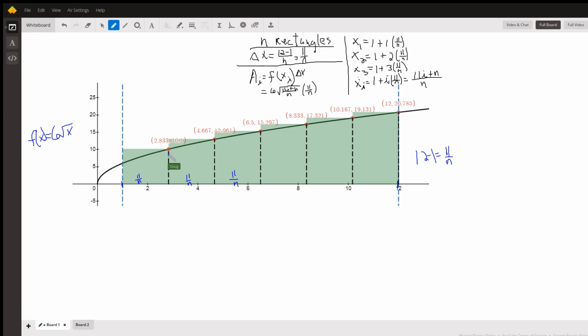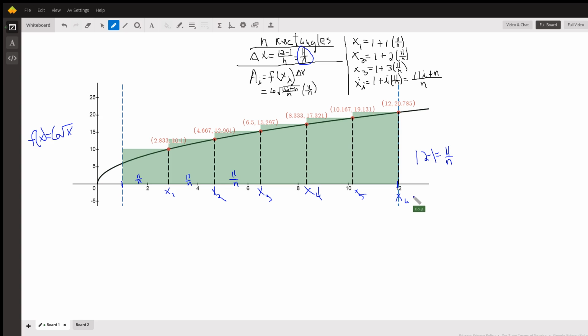Then each of these dashed black lines is a right-hand endpoint. So by the way, here's delta x, 11 over n. Each of these dashed lines is an x, so this is x sub 1, this is x sub 2, x sub 3, x sub 4, x sub 5, x sub 6.